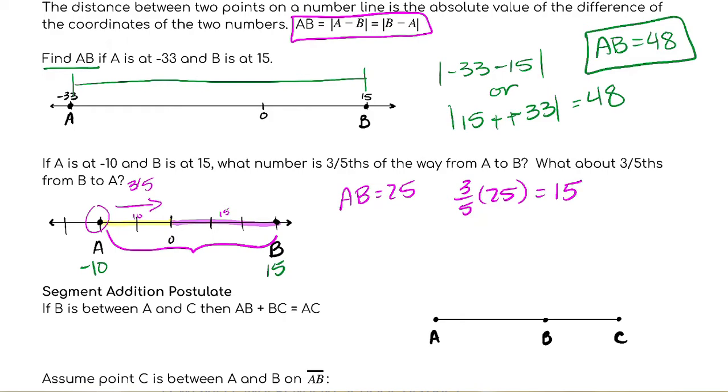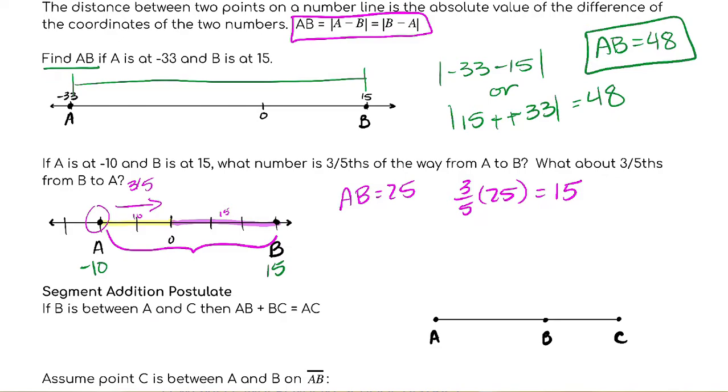Now, the most common mistake that gets made is people say that the answer to this question is 15. Well, 15 is the distance we need to go, but it's not the answer. The answer is what location we end up at when we start at A and go 3/5 of the distance.